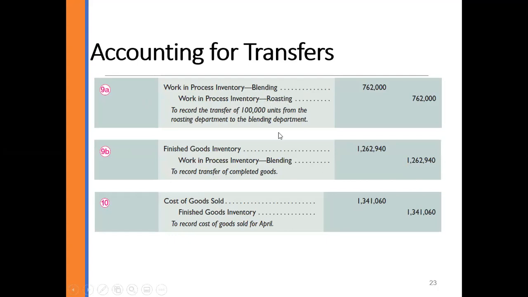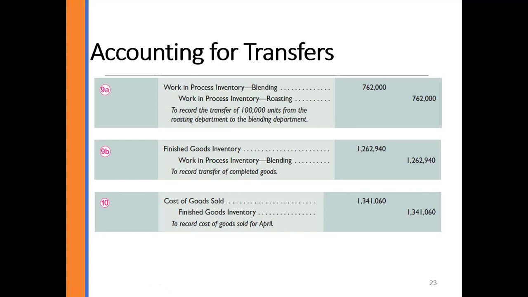And blending is the last step before they're transferred to finished goods, which is what we see here in 9B. We're transferring it out of work in process blending into finished goods. And then finally, when it's sold, it's transferred to cost of goods sold out of finished goods inventory.